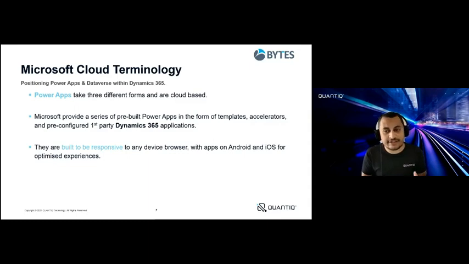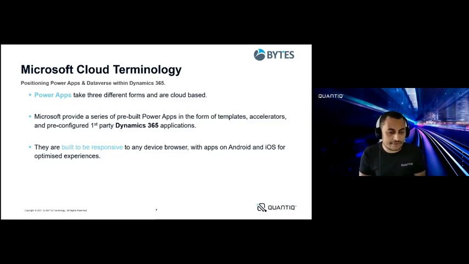The accelerators are really common industry standard scenarios where a lot of your operational processes will be aligned to what they're doing in the accelerators, but it might need a little bit of extension. And then last but not least, we have the Dynamics 365 applications such as sales, customer service, marketing, and others that perform a particular function with particular departments in your business.